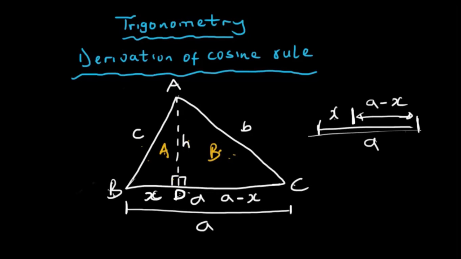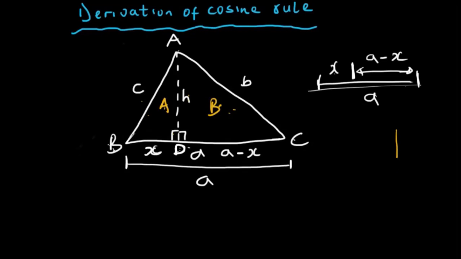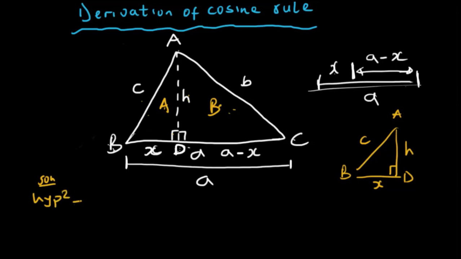Now, if I bring out this small triangle here, triangle ABCD, I know this place as H, I know this place as X, I know this place as C. I can use Pythagoras theorem to relate the sides, isn't it? Let's do that. Remember Pythagoras theorem: hypotenuse square equals opposite square plus adjacent square.